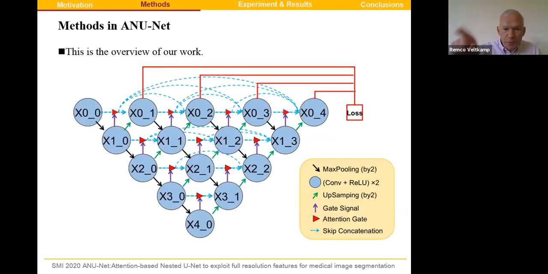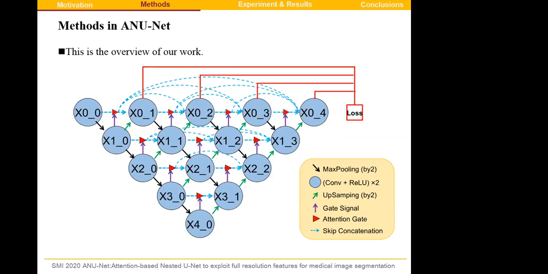Yeah, you can see the center of our network is the nested architecture, but in the attention U-Net, there is no such design. And our work with this nested architecture also refers to another previous work.